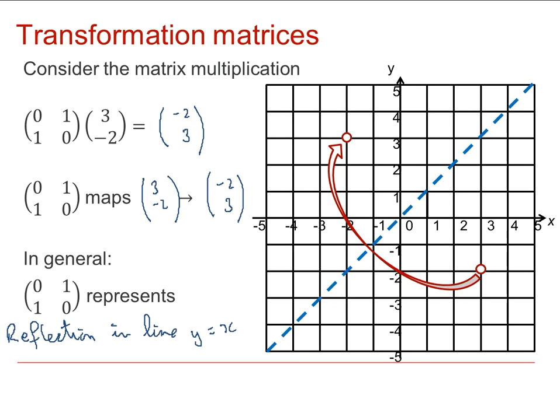And in this, a general point which is given by (x, y) becomes a point which is (y, x). So in that particular transformation, the x and the y values swap round.